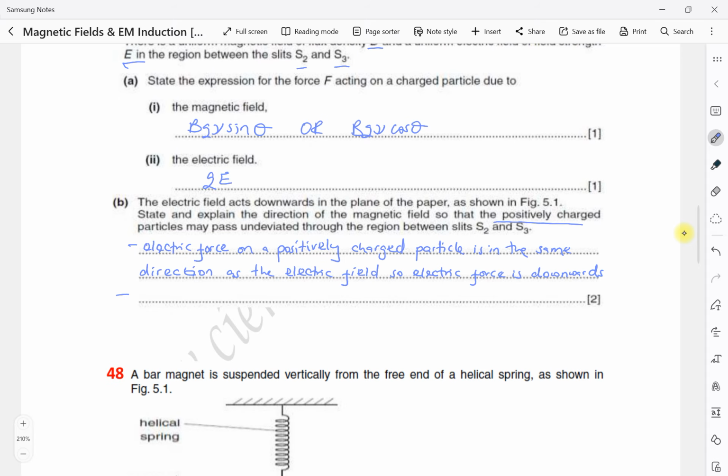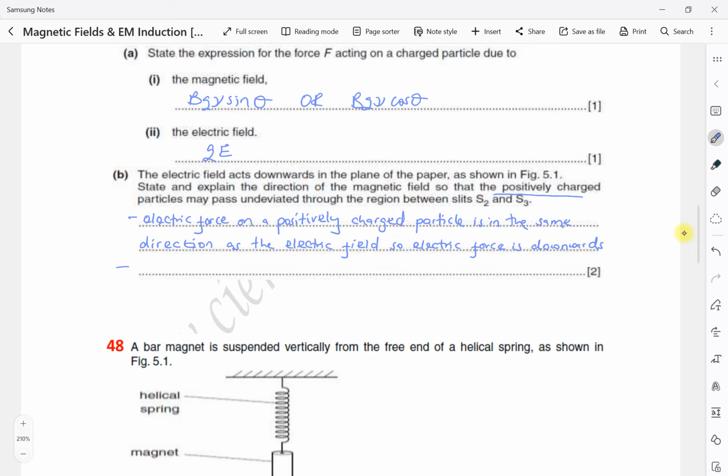Then number 2, for no deviation, the magnetic force must be in the opposite direction to the electric force.